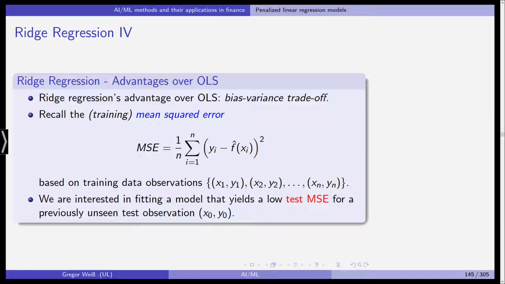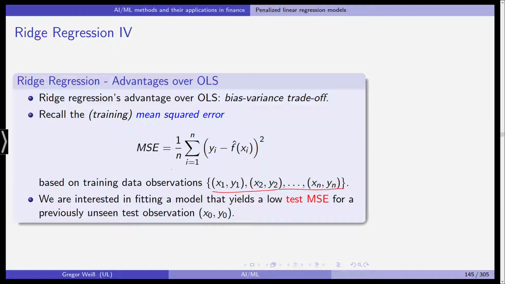If we do this in the training data set, we would get the training mean squared error. Later on, we'll see that we should actually do this based on a model that has been fitted to the training data.